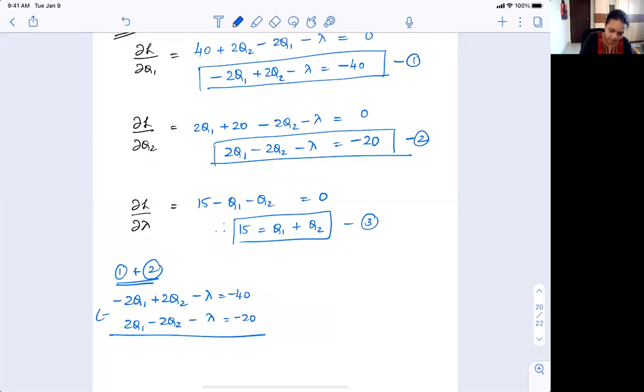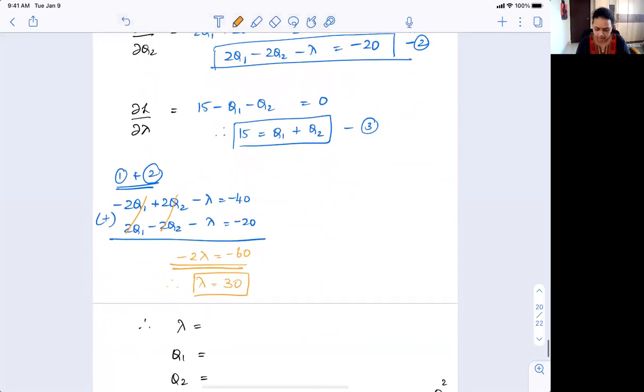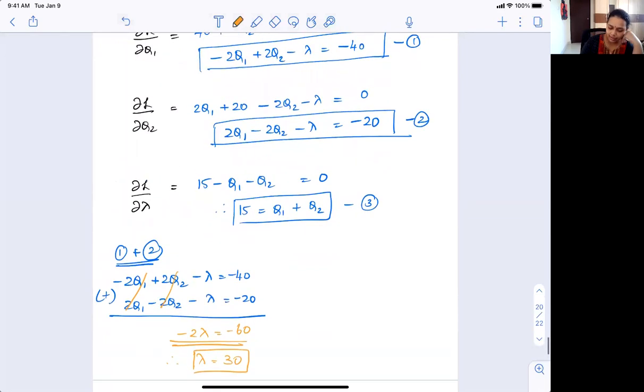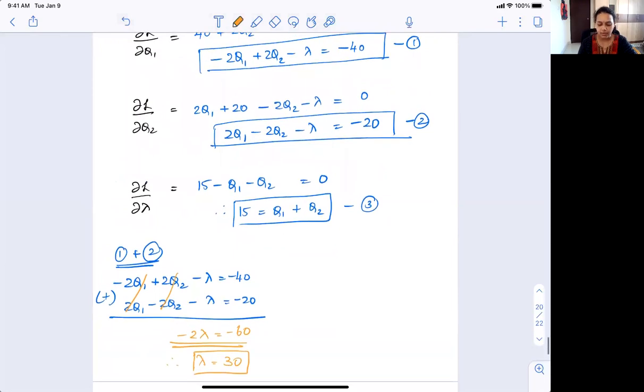When you add up these two, the first term vanishes, the second term gets cancelled, so we end up getting minus 2 lambda is minus 60. Therefore, lambda is just going to be 30. Once you have lambda, you plug it into the first or the second expression and get one equation in just Q1 and Q2 terms, and then you already have another one, and we can go ahead and solve it.